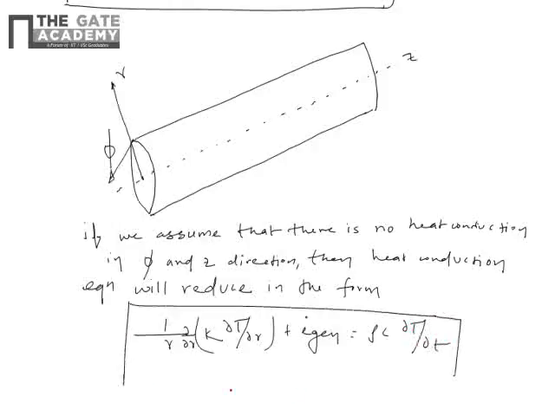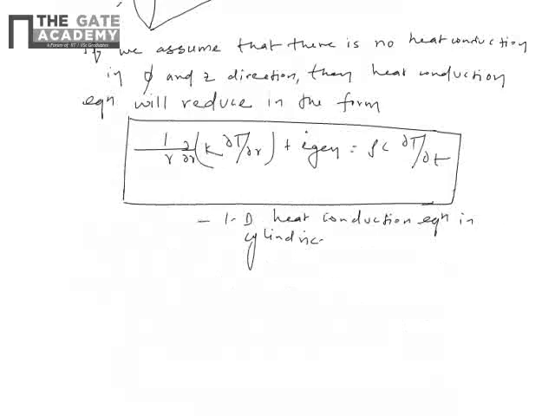This is the 1D heat conduction equation in cylindrical coordinate system. And this equation is very important.